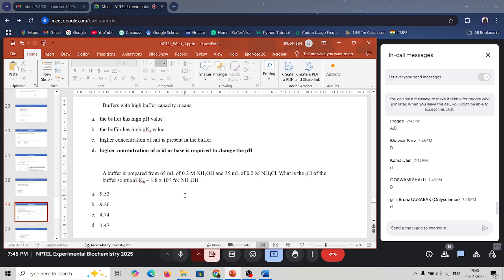Now another question we have, a buffer is prepared from 65 ml of 0.2 molar NaOH and 35 ml of 0.2 molar NH4Cl. What is the pH of the buffer solution? And Kb of NH4OH is given.